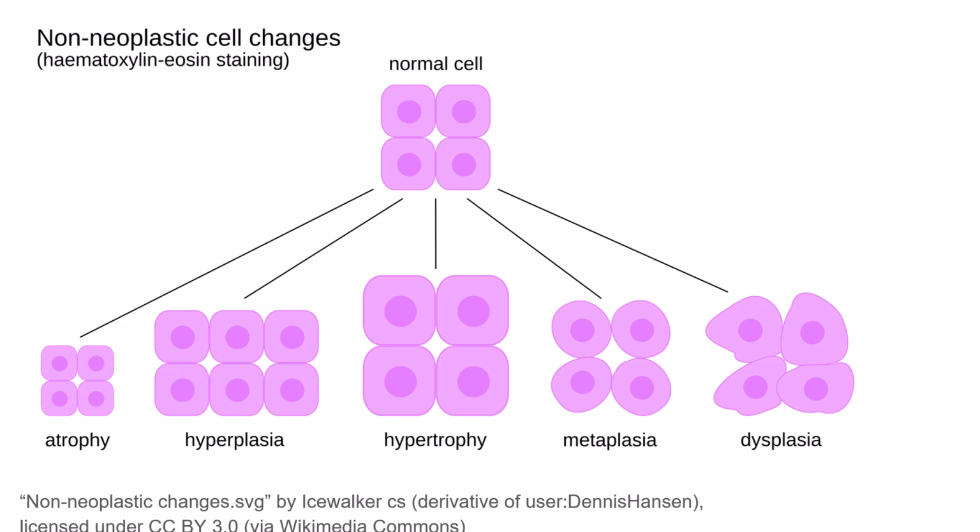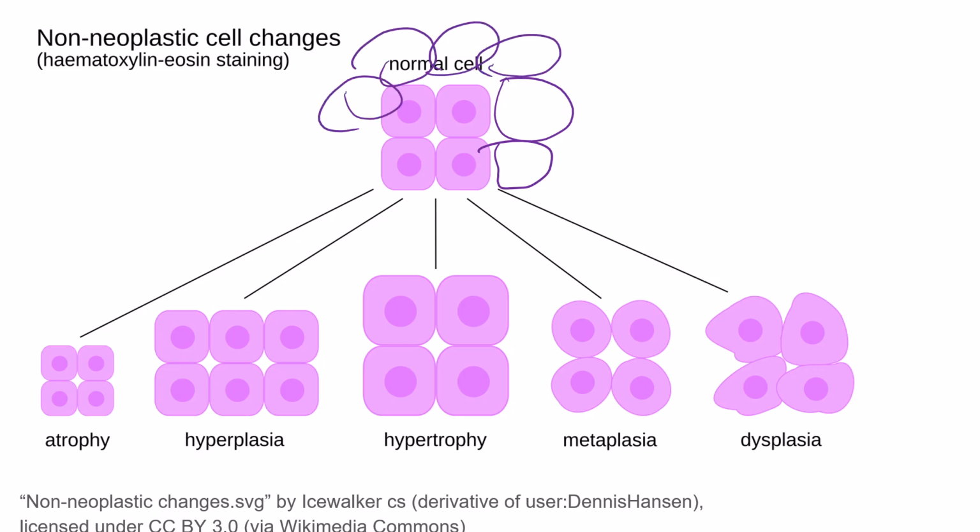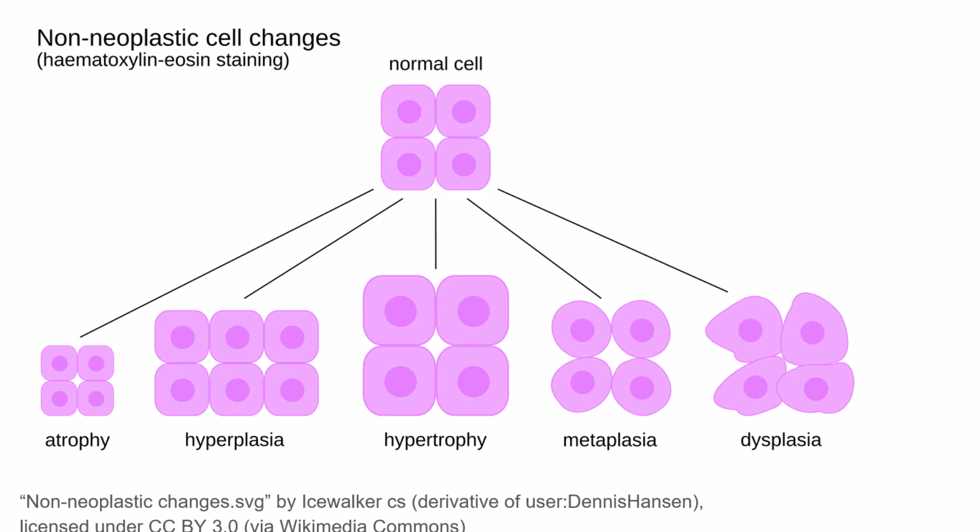We'll talk about a different change now. This is called hyperplasia. Remember, hyper means more or too much. So hyperplasia is when cells are growing in number. They're not getting bigger, but there's more and more cells growing. Can you think of any examples of hyperplasia that we've talked about?